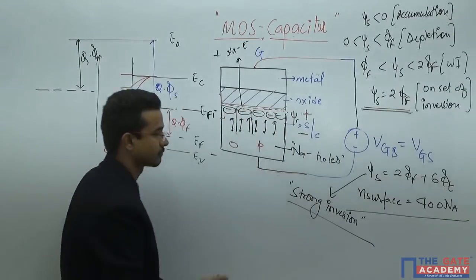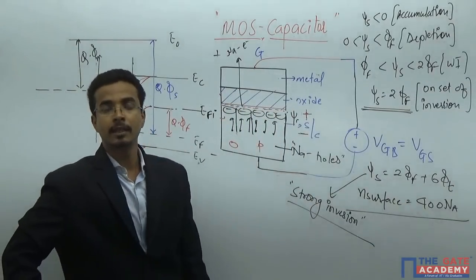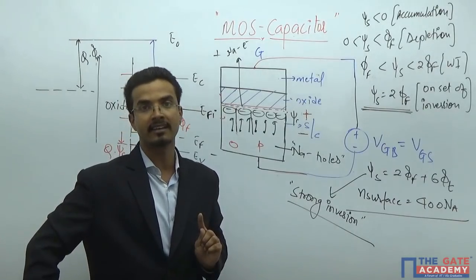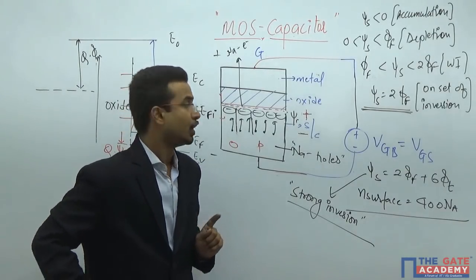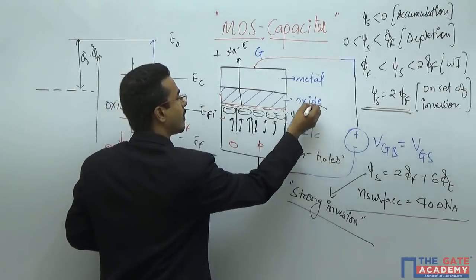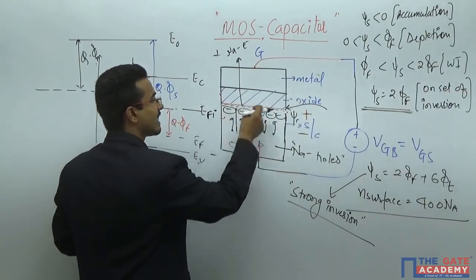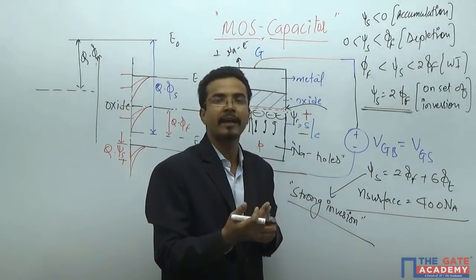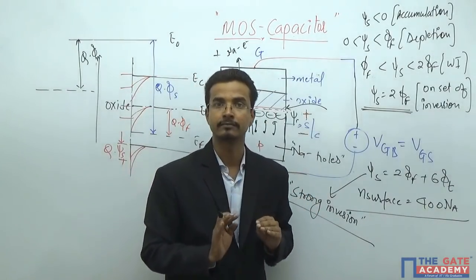But we know one thing, for capacitance, only immobile charge carriers are responsible. So whenever you discuss mobile charge carriers, they will never participate in the capacitance. Again, it is an assumption.